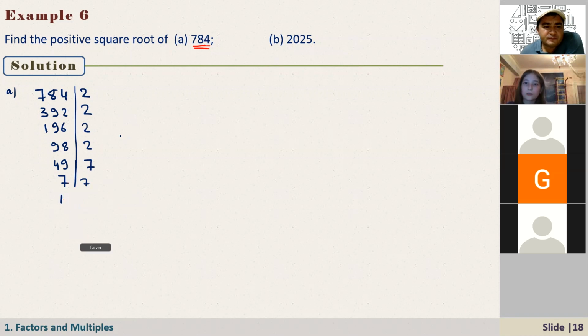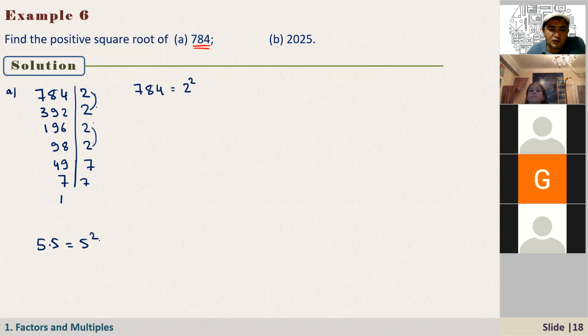Okay, now, as you see here, I can write 784 as how many 2s do we have? 1, 2, 3, 4, right? Can I just group them as pairs? For example, this 2 times 2, I can write it as 4, right? And also this 2 times 2, it is 4. Here we have 7 times 7, so I can write it as 7 squared. If you remember, if we have 5 times 5, we can write it as 5 squared, right?